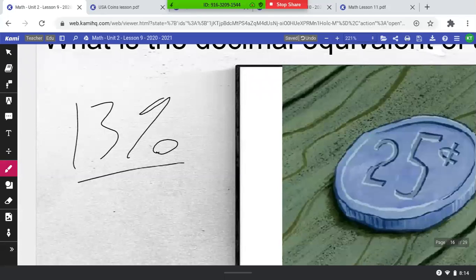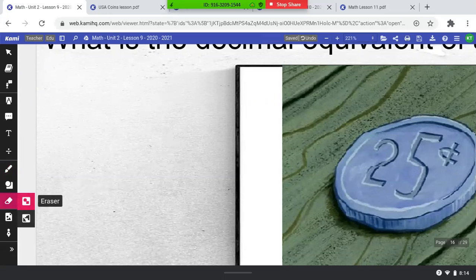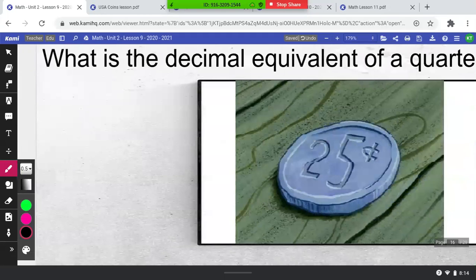I was like, I am not paying 13%. I will gladly spend an hour counting and rolling up these coins. But quarters were the most fun to roll up.